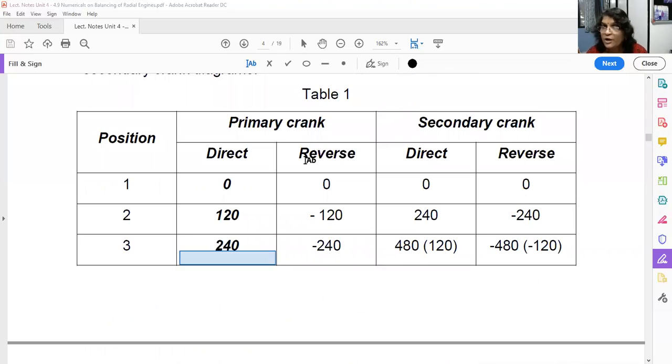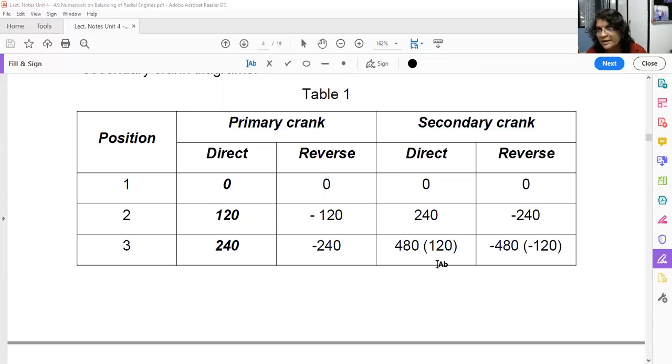Okay. Now for reverse, what you have to do? Just give the negative sign for this angle and write down here. So 0 is 0 only, 120 is minus 120, 240 is minus 240. Okay. Then what is the secondary crank? Similar concept you have to follow, but the angle is double. So just make the double angle of this one and write down here. 0 into 2, 0. 120 into 2, 240. 240 into 2, 480.